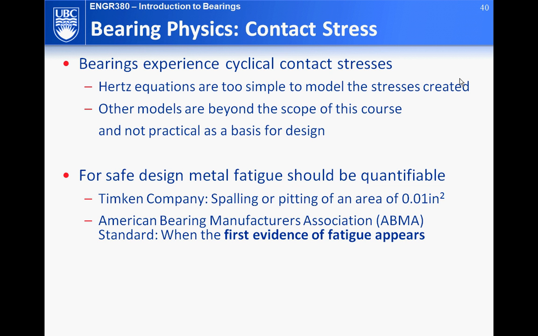So that's defined by the so-called first evidence by the ABMA. The whole idea is that we need to calculate certain things to prevent this kind of fatigue failure from happening.